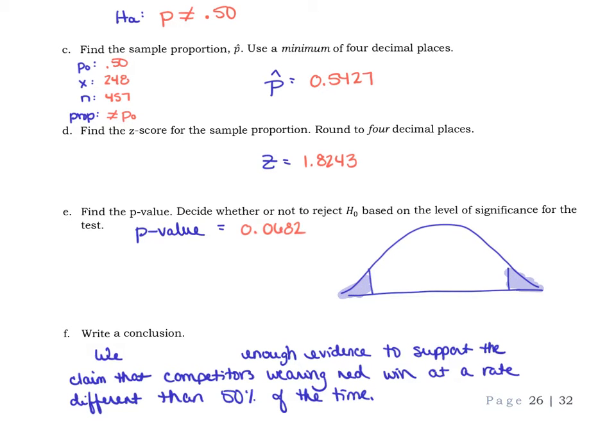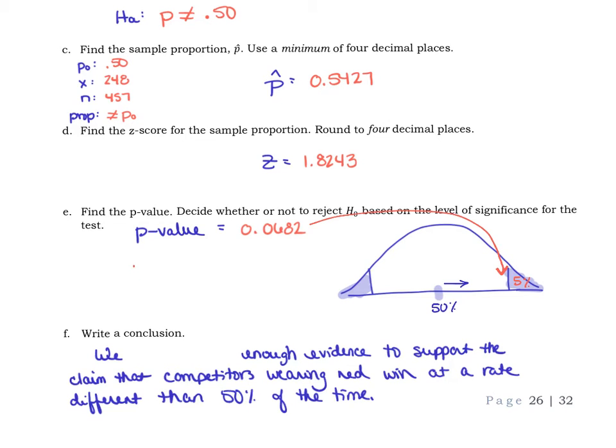Now, since the red won at a rate higher than 50%, the 50% here would be in the middle. This is where 50% of competitors would be. Our p hat value was at 54%, so we know that we're on this side. So this p value here of 0.0682 falls into this zone, remembering that this is 5% of the area.